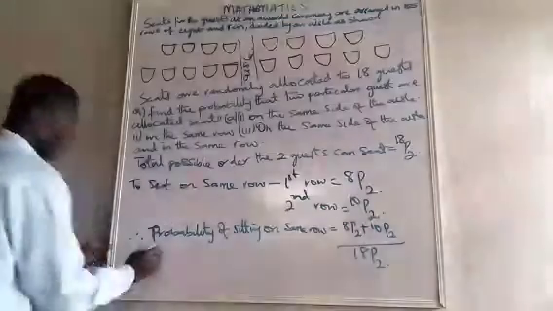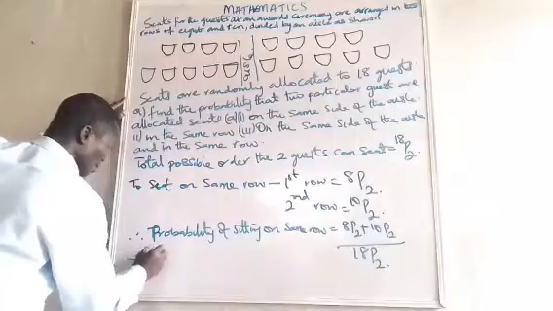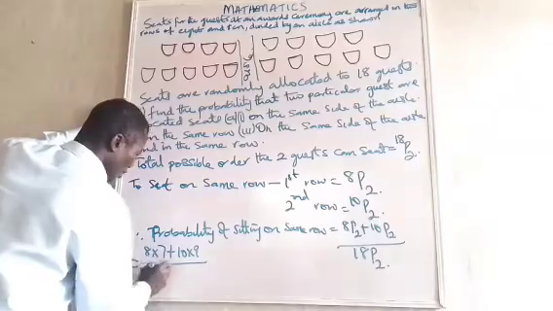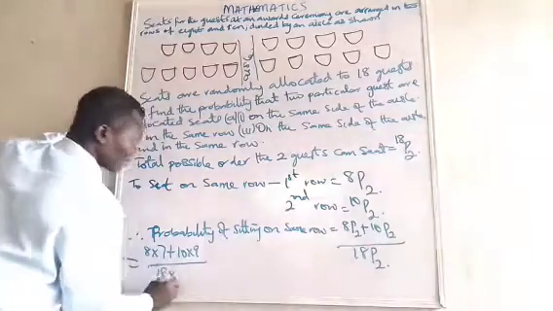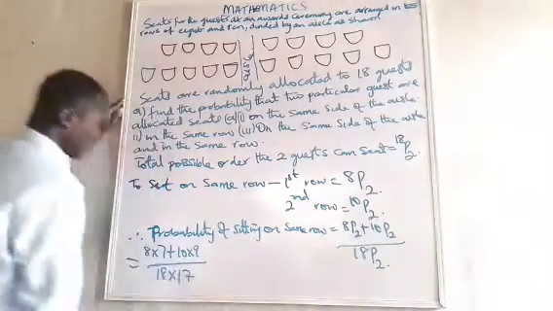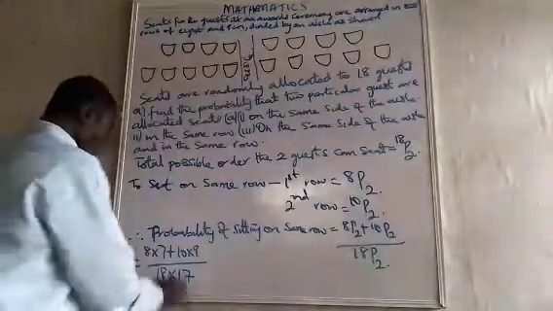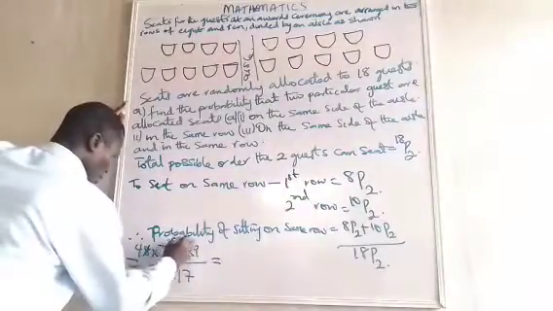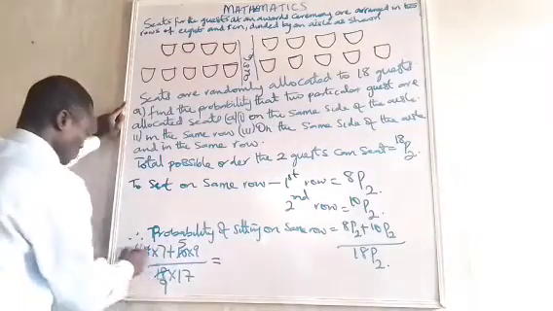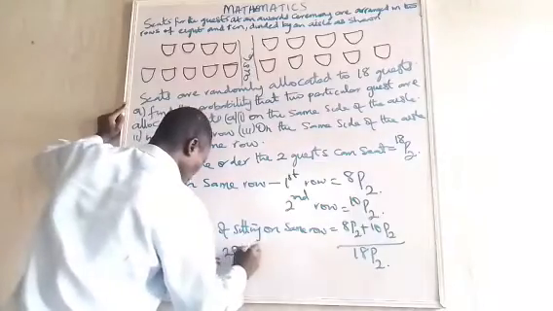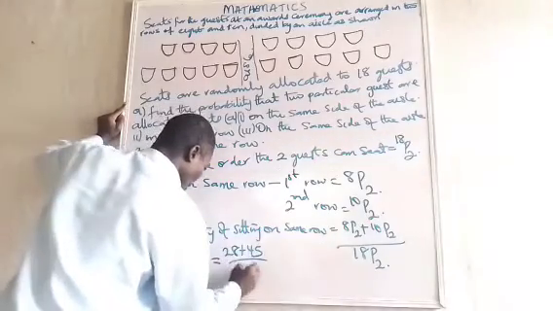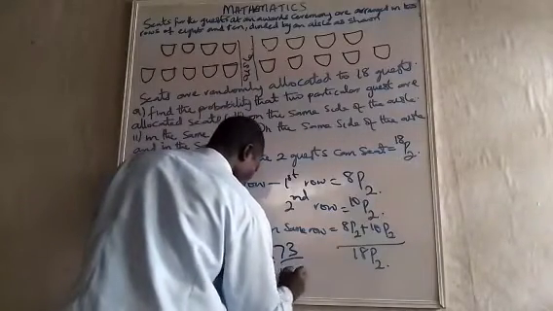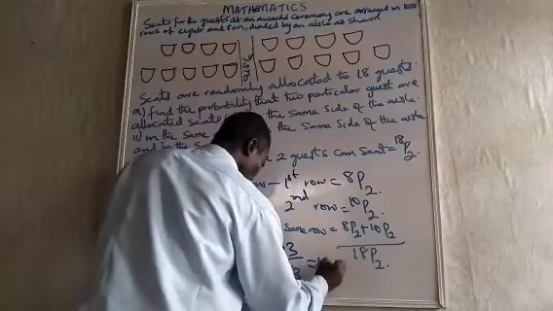So that's going to give us 8 times 7 plus 10 times 9 divided by 18 times 17. And this is going to give me, okay, I can still divide by 2. 4, 5, 9. So this is 28 plus 45 divided by 9 times 17, equal to 73 over 153, which gives me 0.4771.